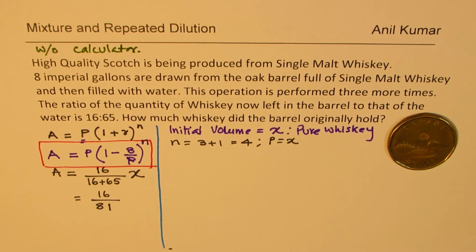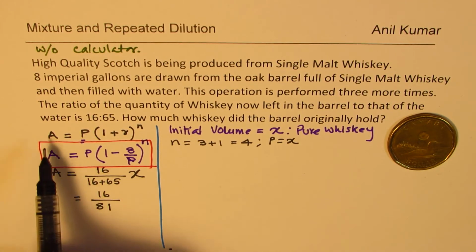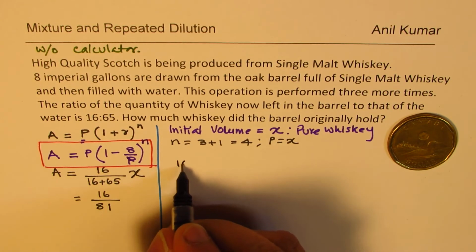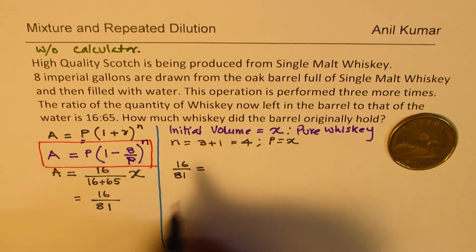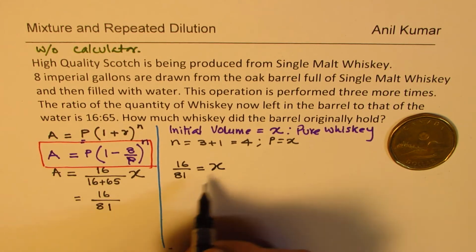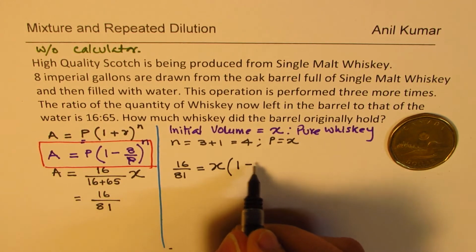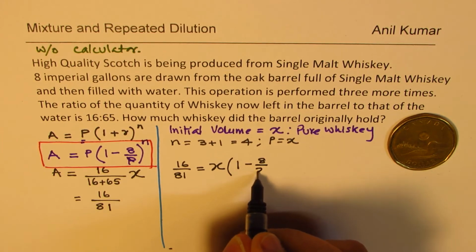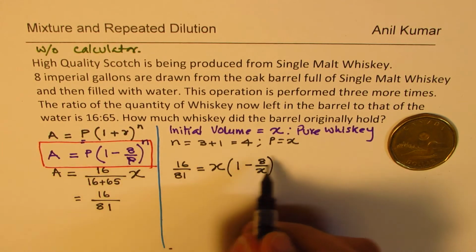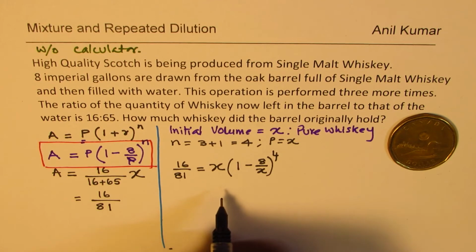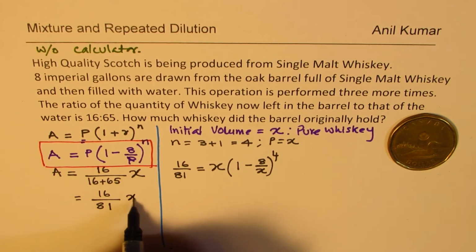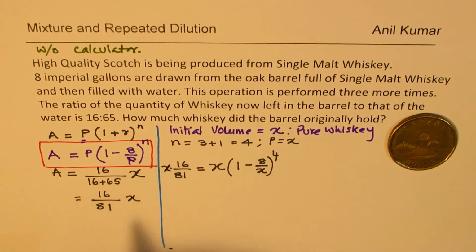So what we get here is the value of A should be 16 over 81, and that should be equal to P, which is what we need to figure out, X times 1 minus 8 over X to the power of 4, right? So that becomes our formula. Perfect. So let's solve this. Sorry, I didn't multiply this with X. It has to be X times, right? So times X, correct.